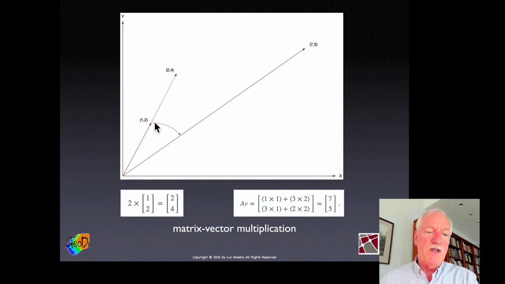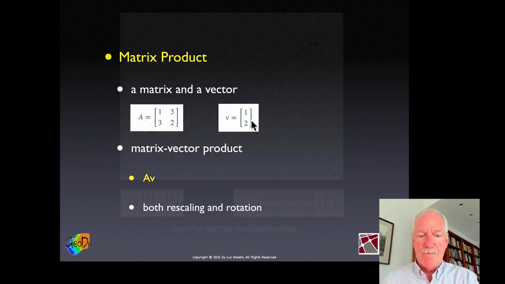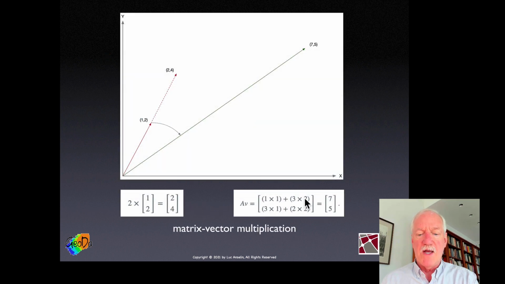First of all, rotation, and then rescaling. So if we work out this product of our matrix A times the vector V, we see the matching elements being multiplied and added, we end up with the 0.75. So we have a rotation downward and an extension, a rescaling.